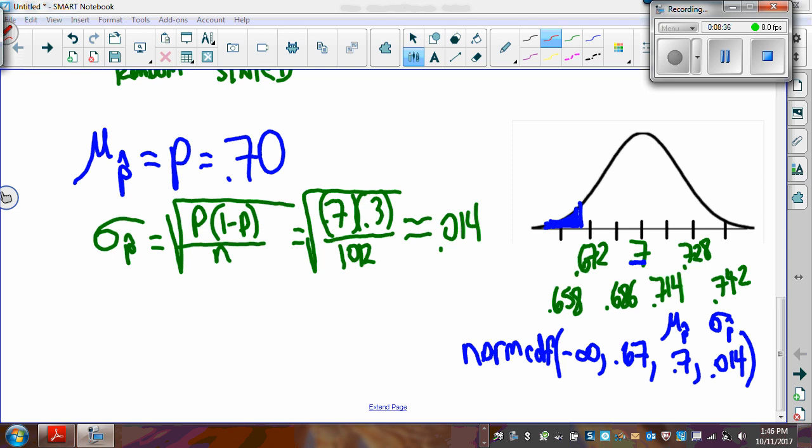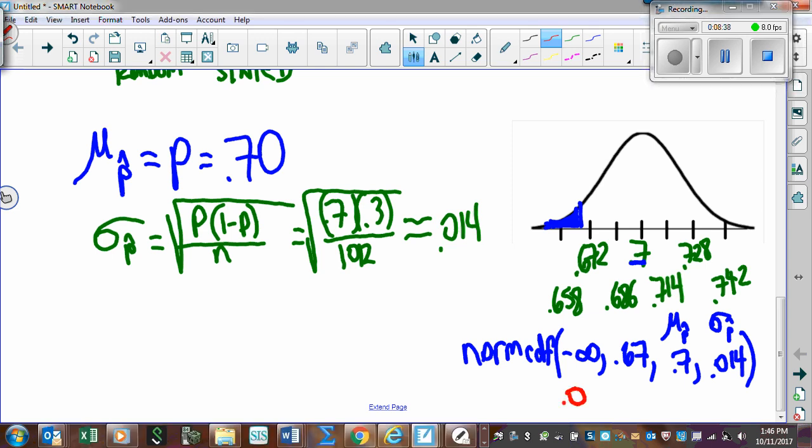And that ends up being a likelihood of about 0.016. So there's a 1.6% chance that they would have gotten 67% or fewer responding if, in fact, the true proportion was 70%. So that seems pretty unlikely.